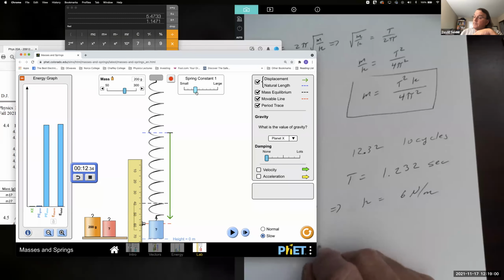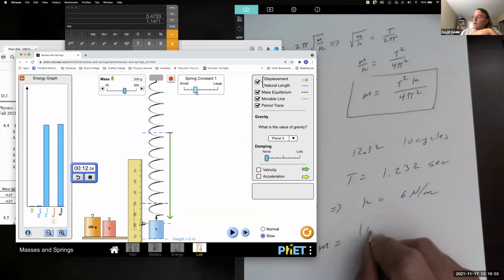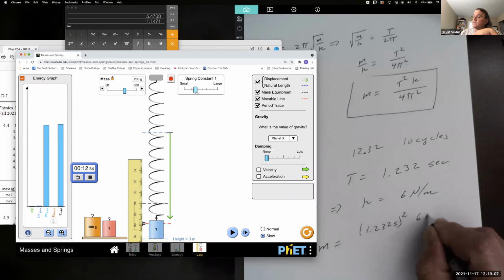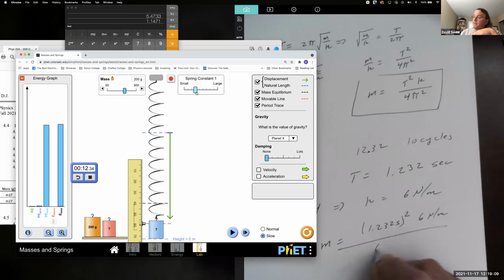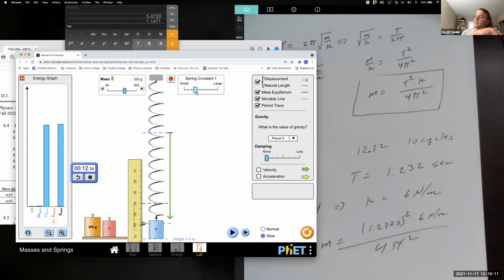So mass equals 1.232 seconds squared times 6 newtons per meter divided by 4 pi squared. That should give you the mass of the blue one, or mass 1.